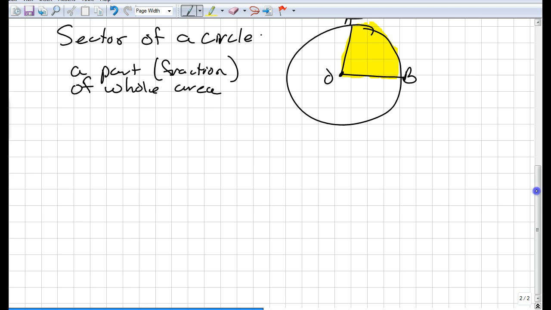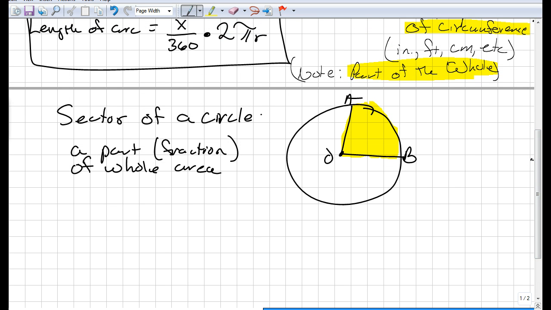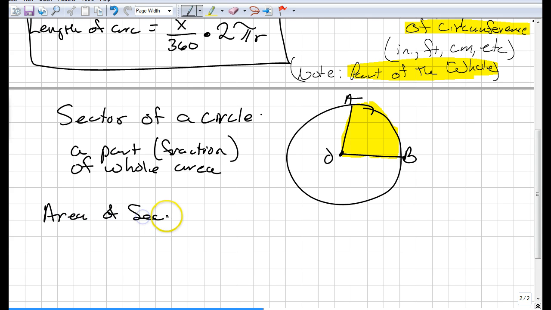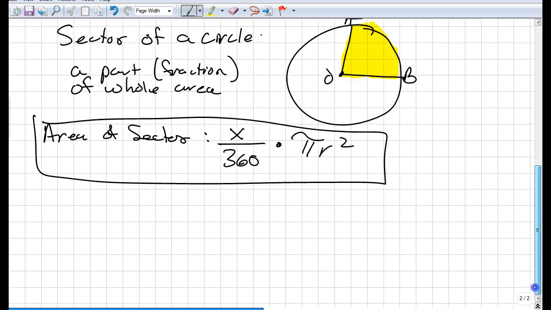And by the same token, if we're talking about area of the sector, again it's a fraction of the whole area, so it's x over 360 times the area. So that is the formula to find the sector of a circle. So let's look at some examples here.